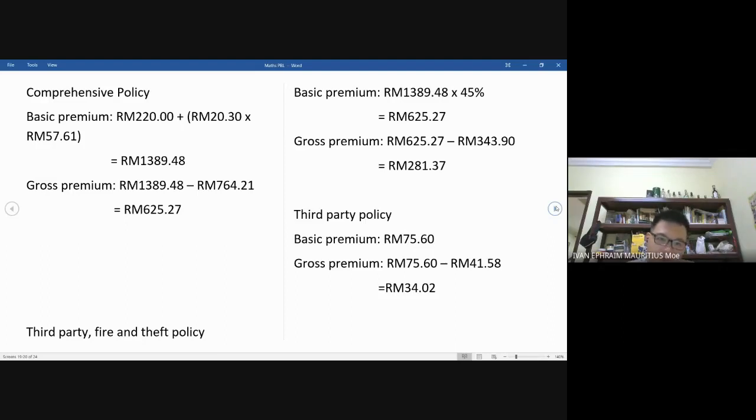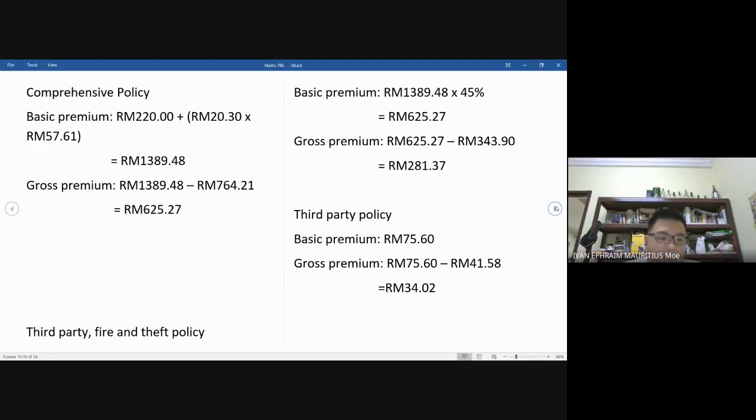So for the gross premium, we can find it by multiplying 1,389 ringgit and 48 cents by its NCD, which is 55%, then subtracting it from the original basic premium, which would give you 625 ringgit and 37 cents.